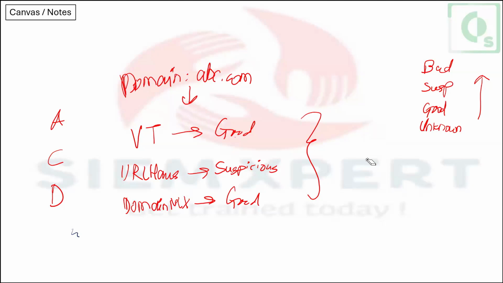So here, even though suspicious is given by URL host, it has a reliability of C. But VirusTotal is A, which I trust the most. My final verdict would be good.